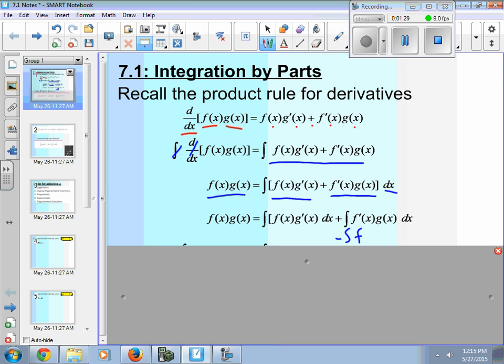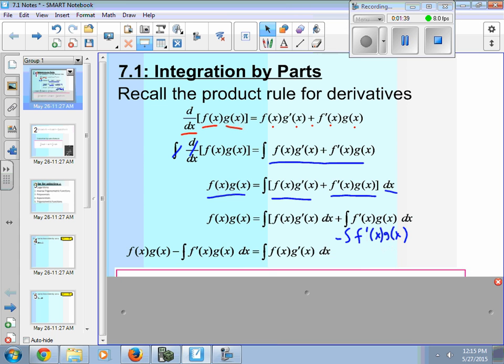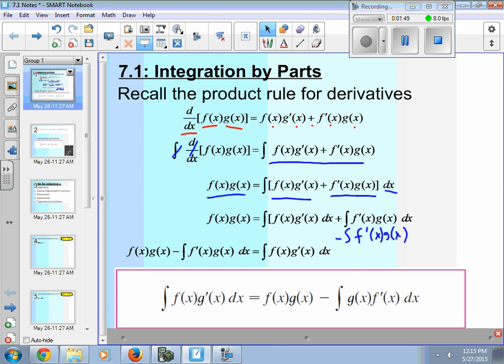So we're going to subtract this one to the other side. And if we do that, what we end up with is this. That says f of x g of x minus the integral of f prime g of x dx equals this. If we just flip these two things around, this is known as integration by parts.